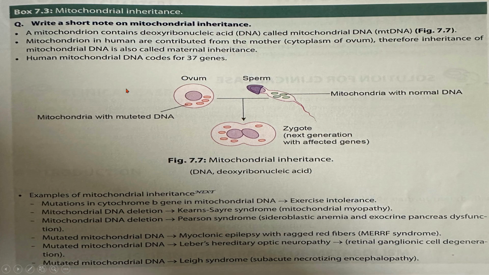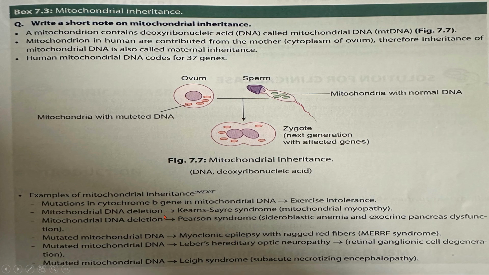Mitochondrial inheritance. The mitochondrion contains deoxyribonucleic acid, also called mitochondrial DNA. They contribute 37 genes, that means they code for 37 genes. You can see the mutated DNA in the mitochondria being transferred to the zygote.